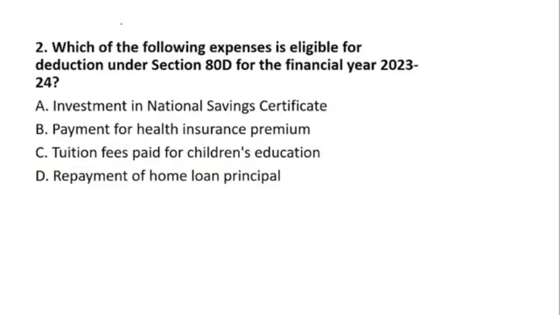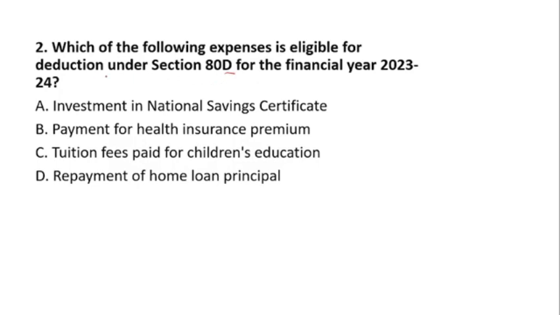Okay. The second question is, which of the following expenses is eligible for the deduction under section 80D for the financial year 2023-24? Let's pause the video and answer yourself, and then you can unpause the video and see whether your answer is right or wrong.